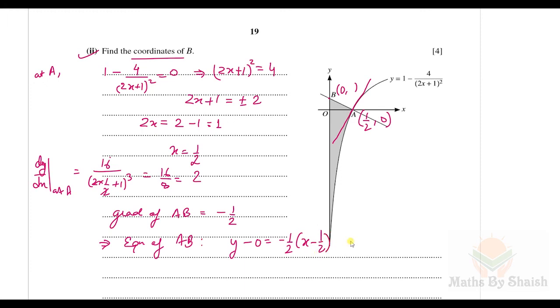So we can write y is equal to minus 1 by 2 times x plus 1 by 4. The y-intercept of this line will give the B coordinates. If we compare it with mx + c, we can see that c is the y-intercept and it is 1 by 4. So the coordinates of B will be (0, 1/4).